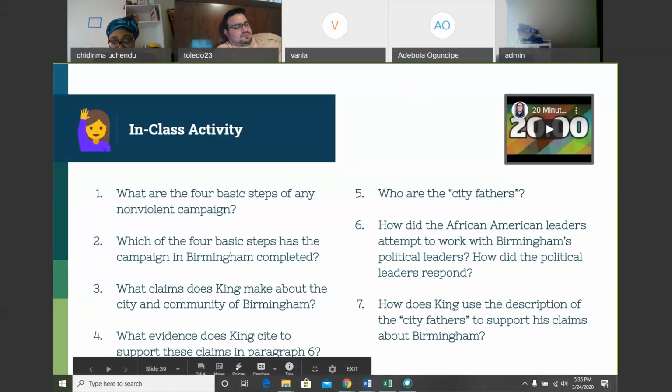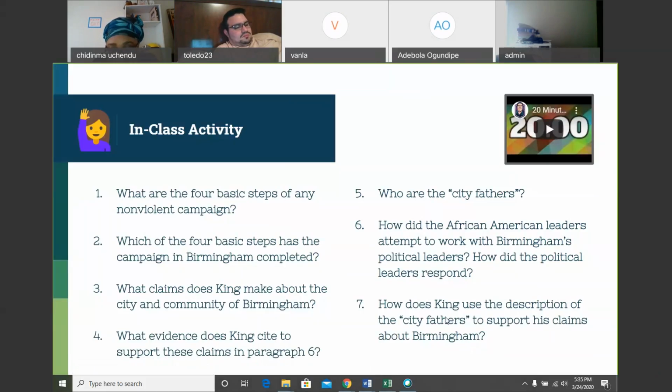Oh, where'd she go? Let's wait for her. Delania, you will take number 3. What claims, what main points does he make about the city and community of Birmingham?